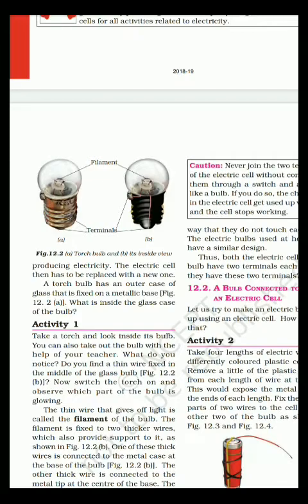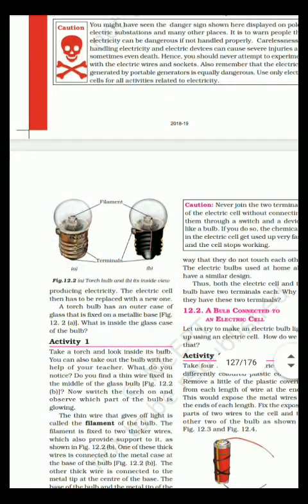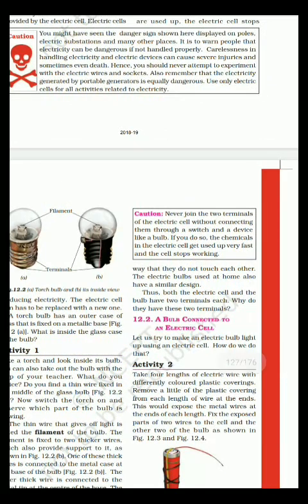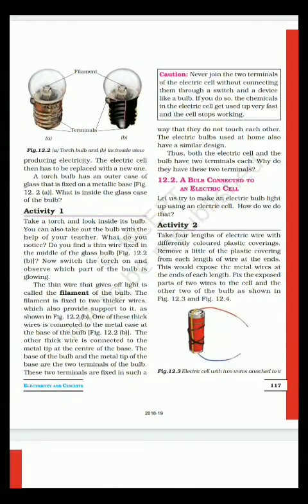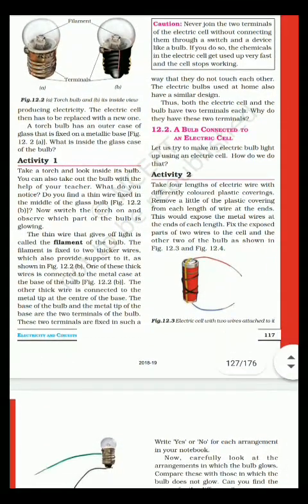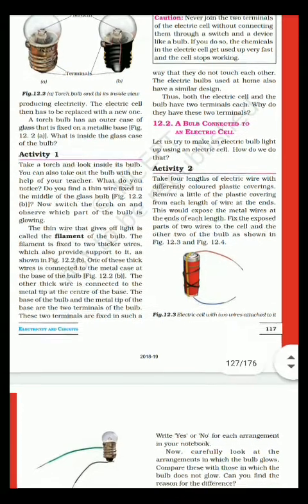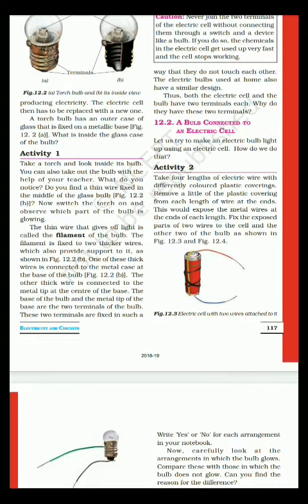A torch bulb has an outer case of glass that is fixed on a metallic base. And these are the activities. You can see from the image 12.2, right? The thin wire that gives off the light is called the filament of the bulb.